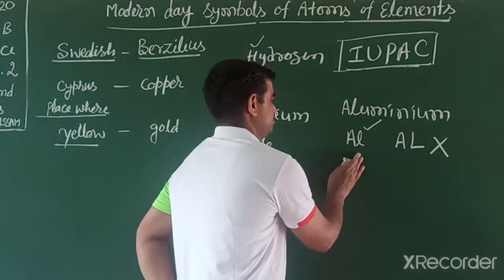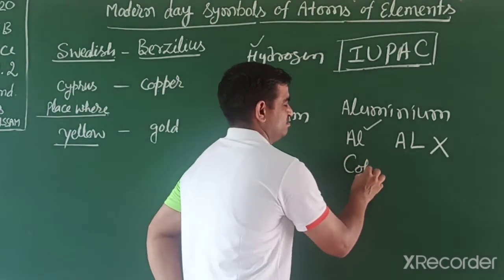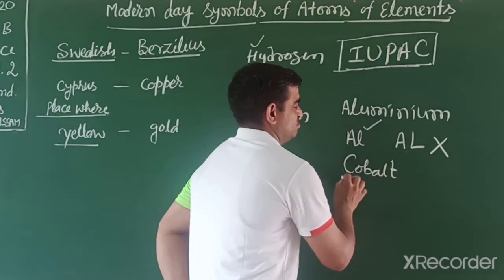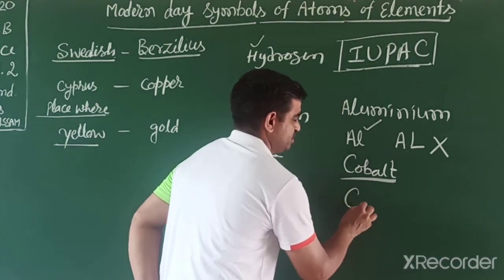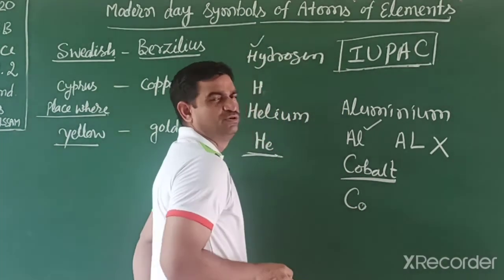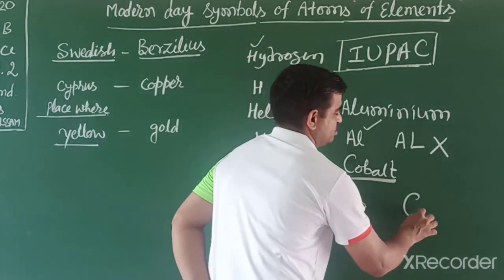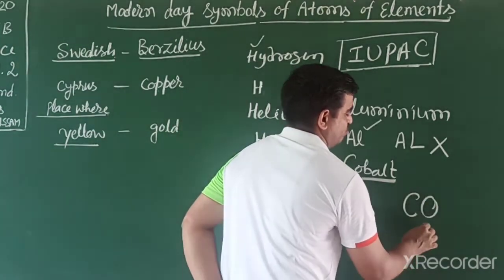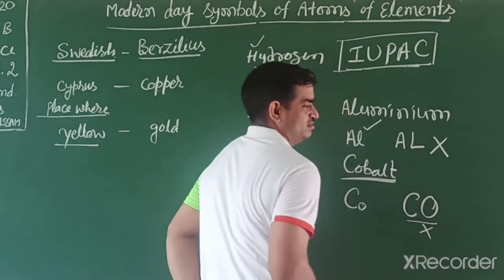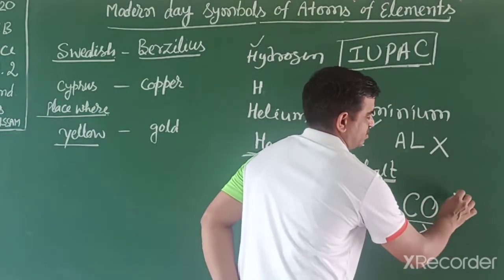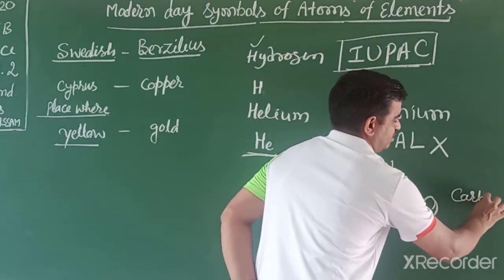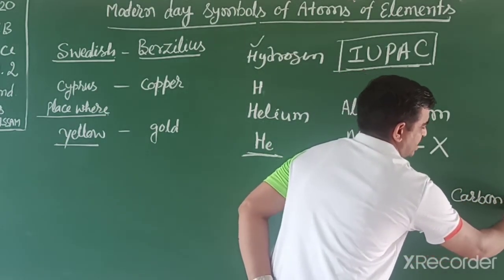Another element is cobalt. Cobalt's symbol, how can we write? We can write Co. Some students write CO in this way. That is wrong. This is not cobalt. This one is a compound, carbon monoxide.